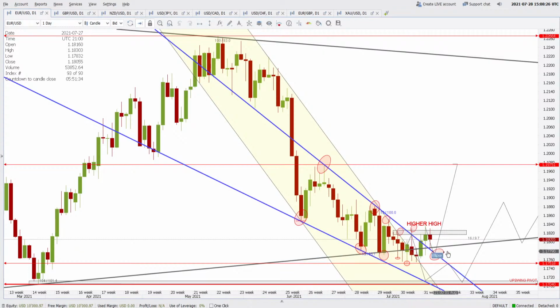One is this weekly line, one is this horizontal line at 1.1751, and it has broken out of the falling trend line of the wedge. Right now it has successfully tested the support, which was previously resistance and will now be acting as support.